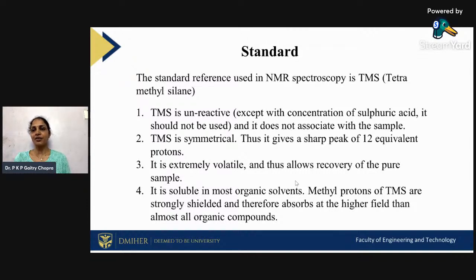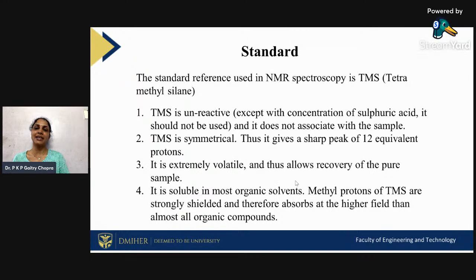And the very important reason for TMS being used as a standard is that it is highly shielded. So it gives its signal very upfield as compared to most of the organic molecules which are present.